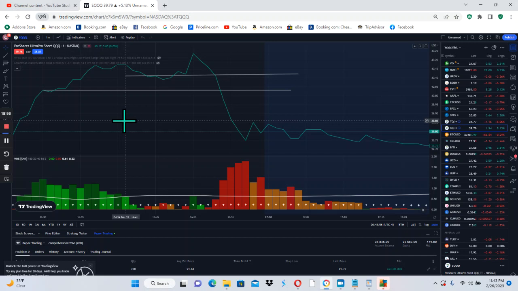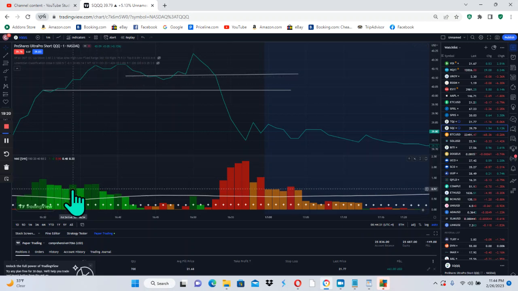But if you're trying to watch this gauge and understand how this works and have some experience playing around with paper trading to build your confidence, you'll see that when I see this green go above and above and above, usually the price goes up and up and up. Until it doesn't.